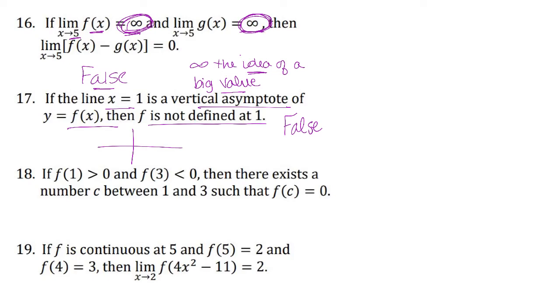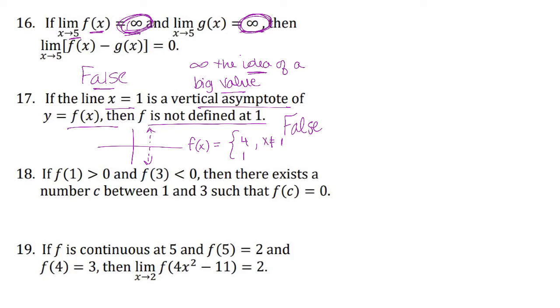Our graphs don't cover if we have a vertical asymptote. But if you had a piecewise function, let's say f of x equals 4 everywhere but at x equals 1, that horizontal asymptote.